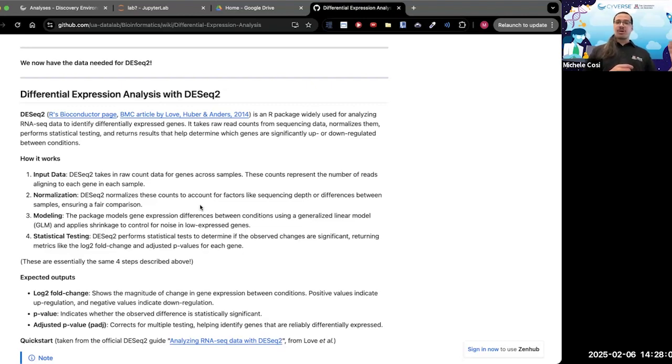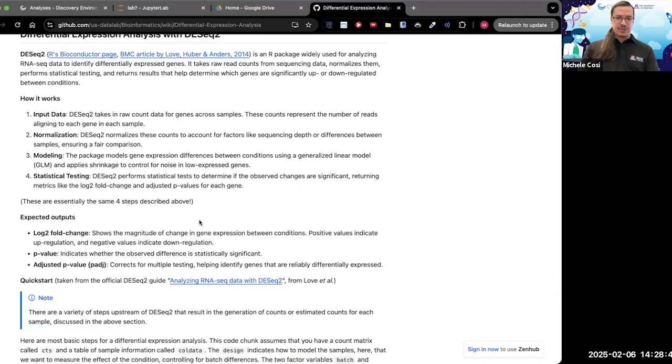It can go from raw counts, such as the one that we have generated last week. What it can do is that it can take the data, normalize it, create models, and do some statistical analysis as well. However, what we're going to do today is use ggplot and Hansel-Volcano to create our images, which is what we want to do as scientists in order to understand our own data.